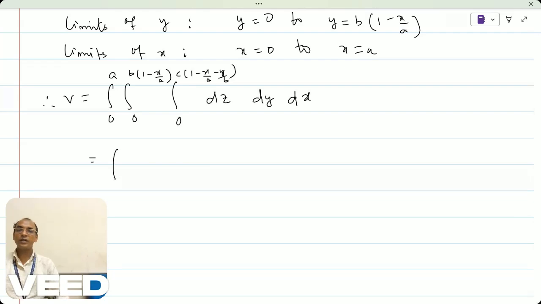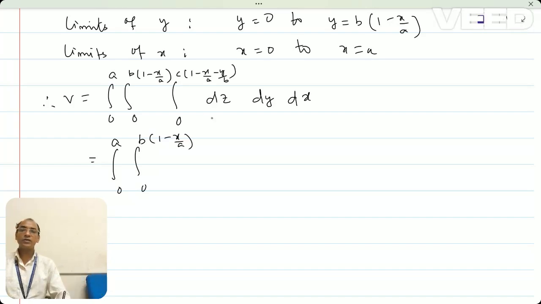Now if I integrate one by one: integration 0 to a, integration 0 to b into 1 minus x by a. Now we can see the integration of dz is z, so that will be z, and the limits are 0 to c into 1 minus x by a minus y by b, then dy dx.